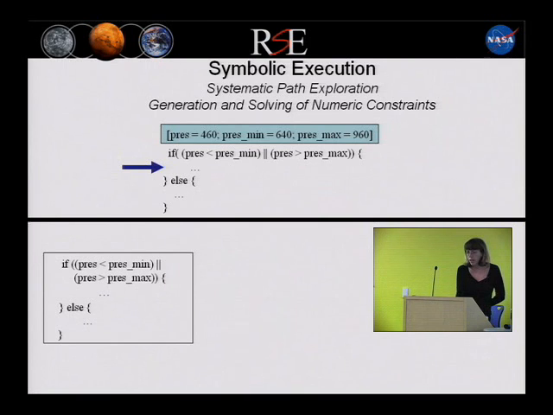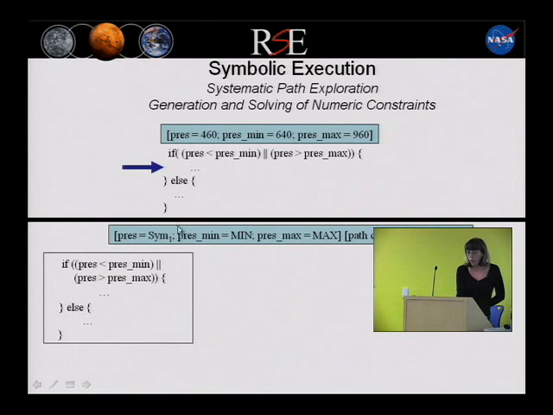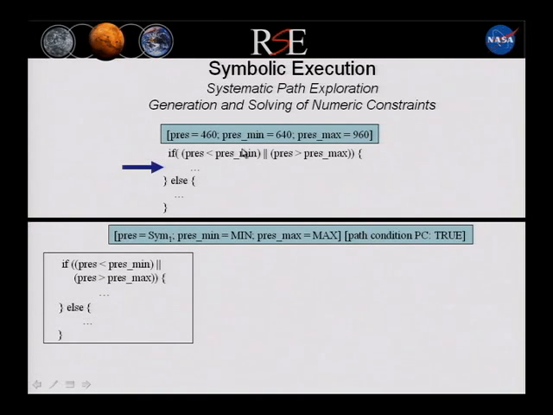Well, in contrast, with symbolic execution, we do a non-standard execution that uses symbolic values rather than concrete values. So for example, for pressure, it will use some symbolic values, and maybe also for minimum and maximum. And during symbolic execution, it also maintains a path condition that is initially true. And it will be updated with the conditions that are analyzed in the code.